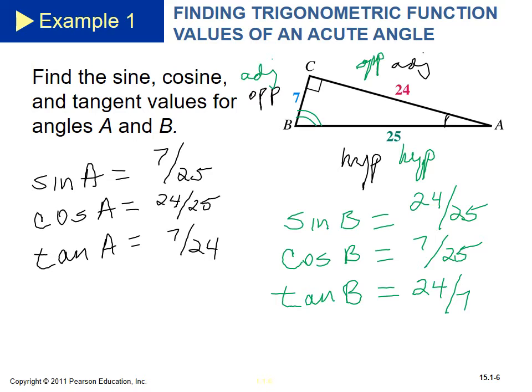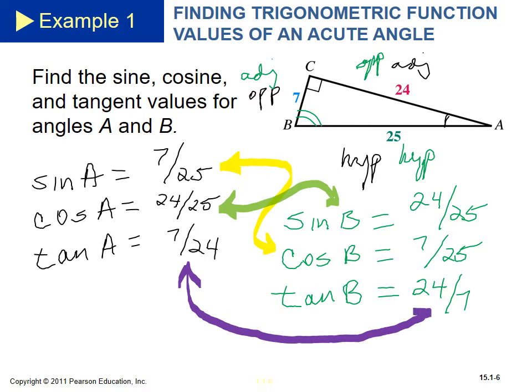You'll notice that the sine of A is equal to the cosine of B. You'll also notice that the cosine of A is equal to the sine of B. And the last thing we would probably notice here is that these two tangents are reciprocals.